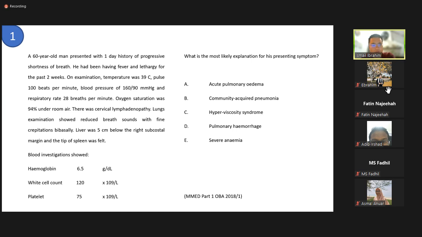And we can see here the hemoglobin 6.5, white cell count of 120, and platelet of 75. So the answer for this question would be hyperviscosity. The white cell count of 120 can eventually cause leukostasis and also hyperviscosity.